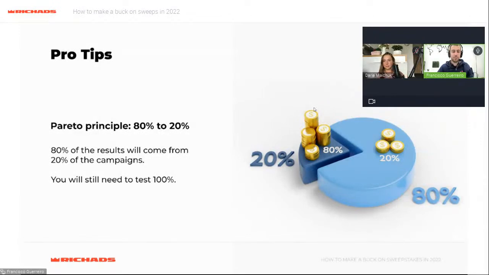And this rule happens in all facets of life. If you check, as an example, the division of wealth in a country, you will see usually it's 85% for the top 20. If you check income distribution, it's the same. And in marketing, in digital marketing, it's the same.